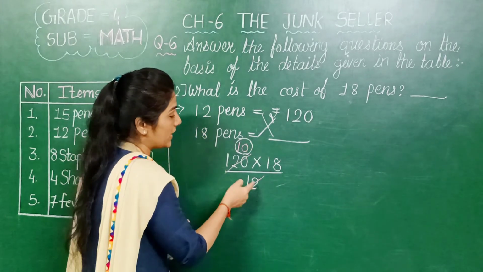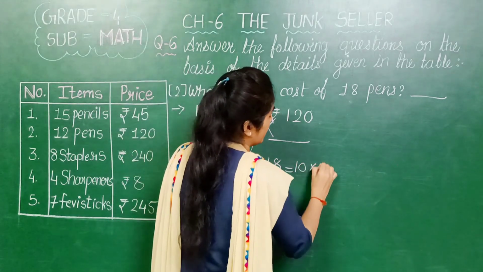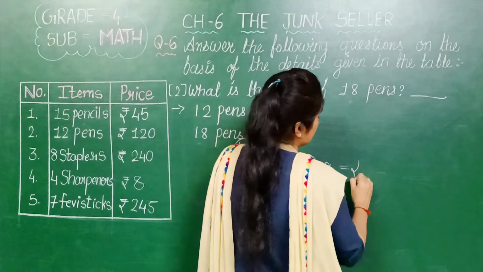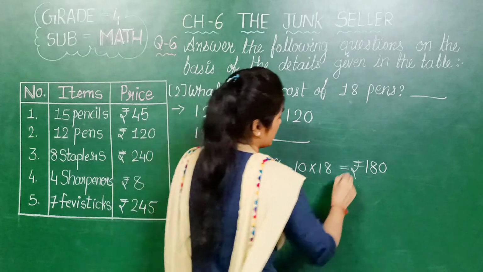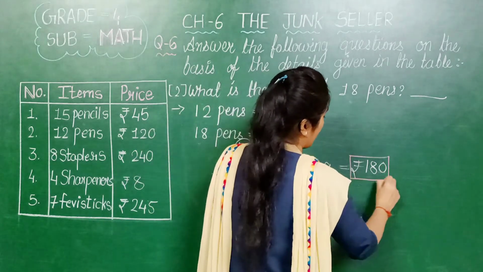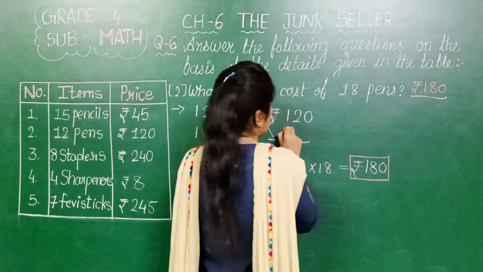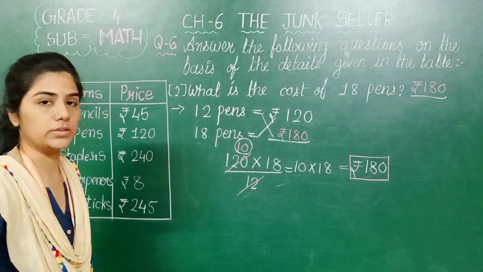So now we have the remaining 10 multiplied by 18. 18 tens are rupees 180. This is our answer. So the cost of 18 pens that we have got is rupees 180. Likewise you have to do the steps or method.